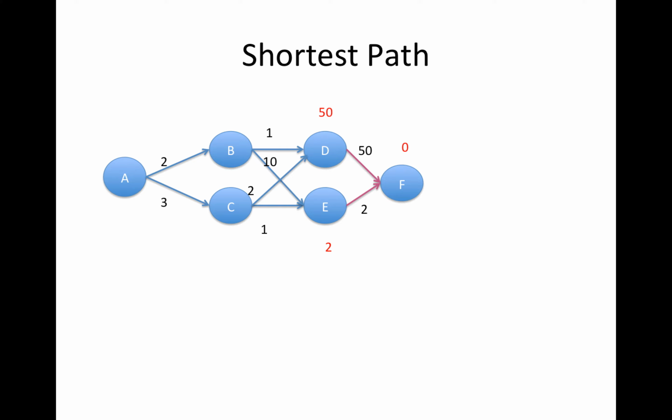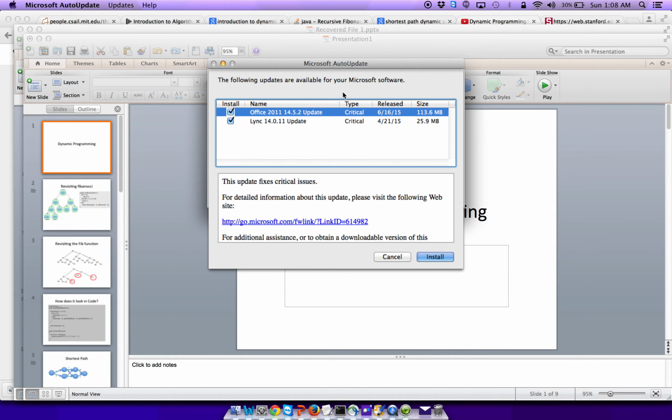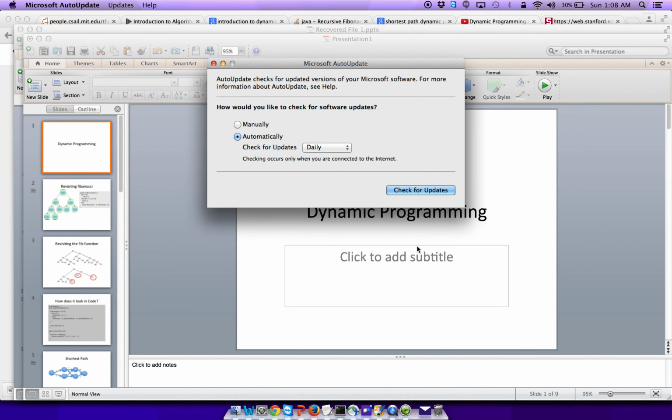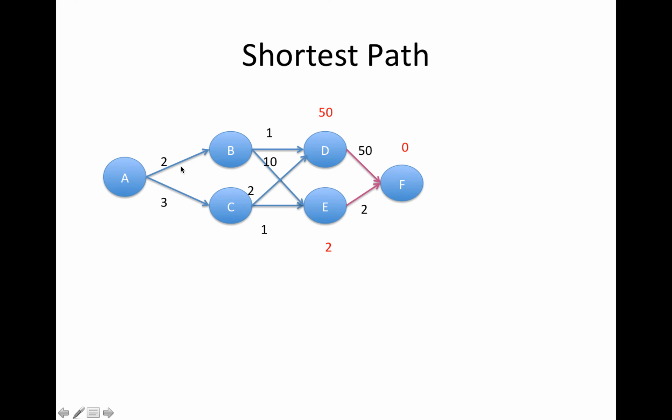So now if I would like to calculate the cheapest way to go from B to F, all right? So one way is to go from B to D and D to F, and the other way is to go from B to E and E to F.